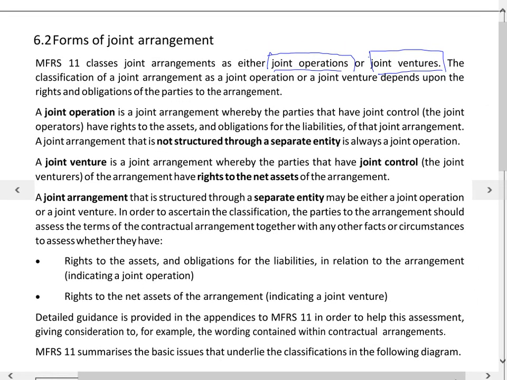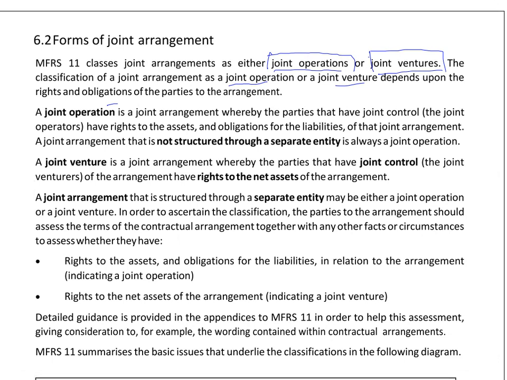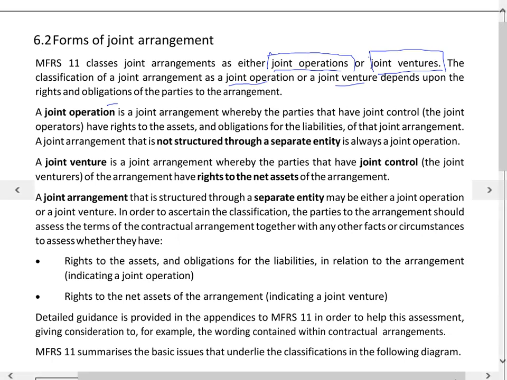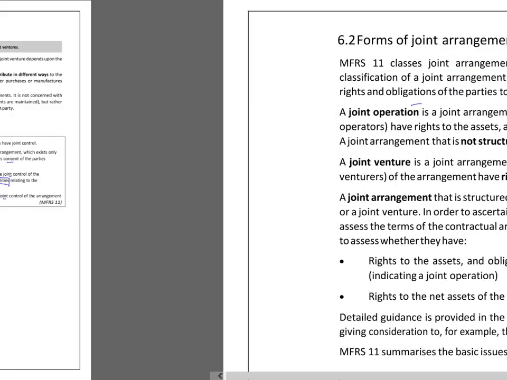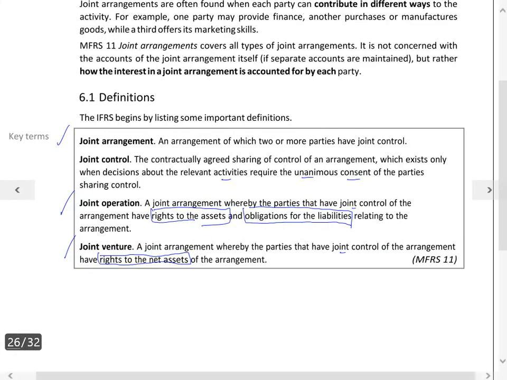The classification of the joint arrangement, whether as joint operation or joint venture, depends on the rights and obligations of the parties. Do you have the rights to the asset, obligation to the liability, or do you have the rights to the net asset? So we refer to that. I repeat here. So whether as joint operation or joint venture, it depends whether it is rights to the asset or rights to the net asset. Different.